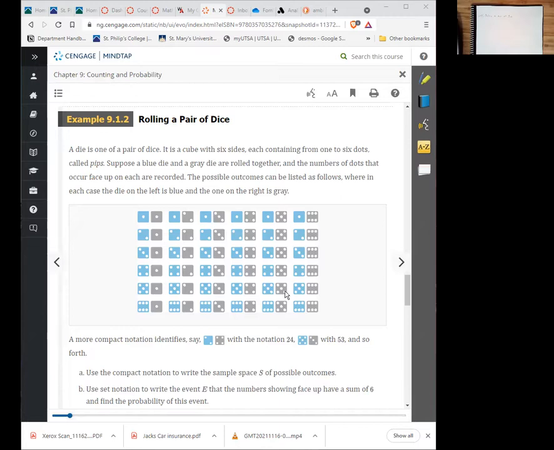These are all the 36 outcomes right here. Technically 2, 1 and 1, 2 are two different outcomes. Even though it feels like it's the same thing, one die could be 2 and the other 1, or one die could be 1 and the other 2. So we count those as two different outcomes.